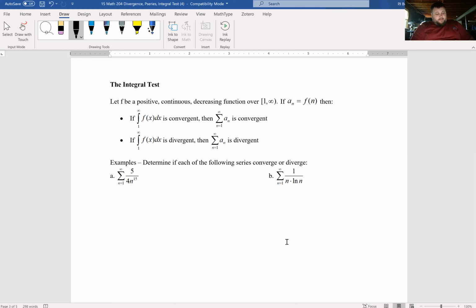Well, an integral is convergent if it gives back some number. An integral is divergent if, for instance, it gives something like plus or minus infinity, or does not exist. So basically the same idea that we've been using the whole time.